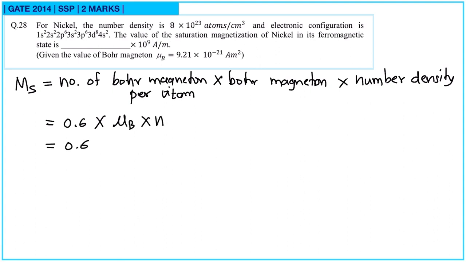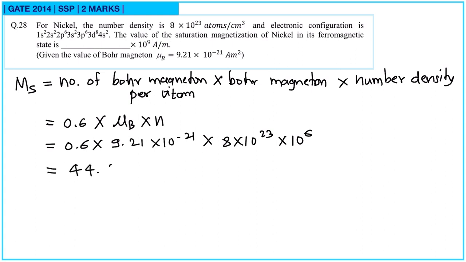So this will be 0.6 into the value of μB, given as 9.21 into 10 to the power minus 21 ampere meter square, into number density, which is 8 into 10 raised to 23, but it is atoms per centimeter cube. So we have to convert it per meter cube, so into 10 raised to 6. This comes out to be 44.208 into 10 raised to 8, or we can write this as 4.4208 into 10 to the power 9.